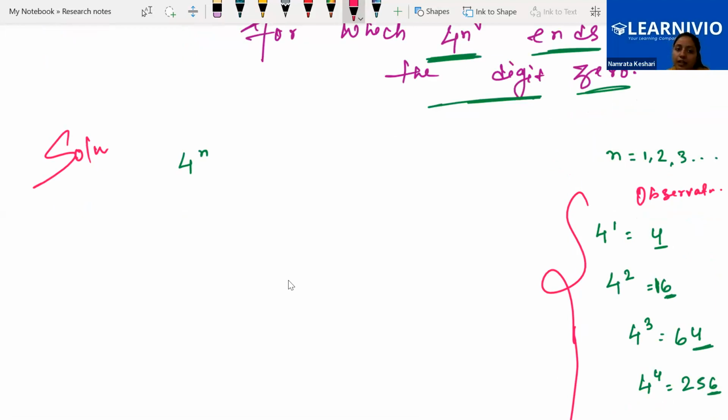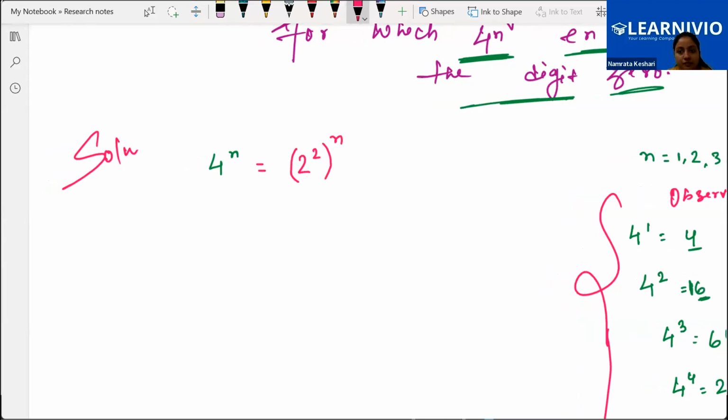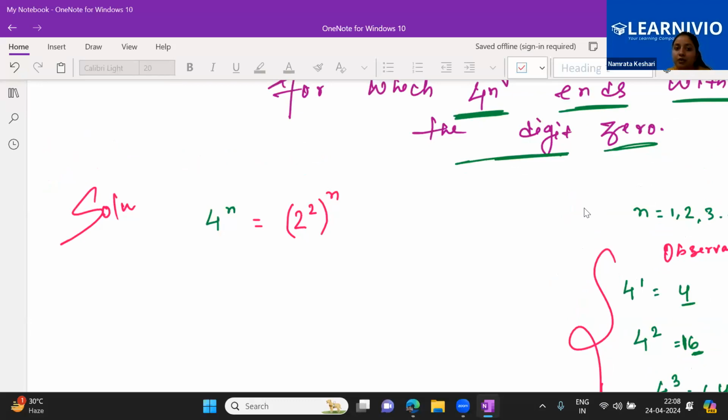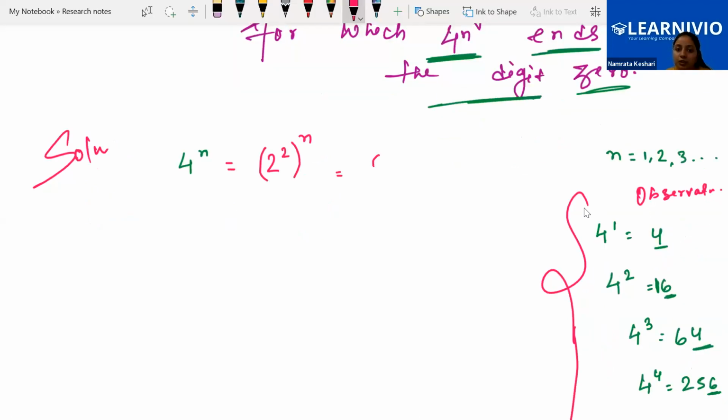4 to the power n can be written as 2 to the power 2, all to the power n. 4 can be written as 2 to the power 2 and that power n. Can we write it like this? Yes, ma'am. If we apply the law of exponent over here, this will become 2 to the power 2n.